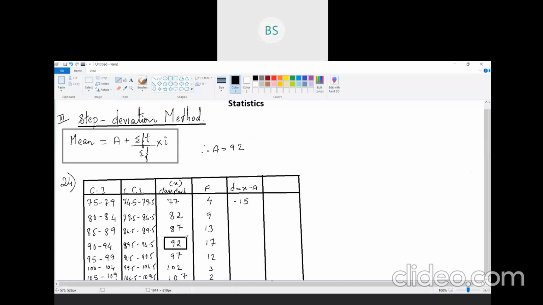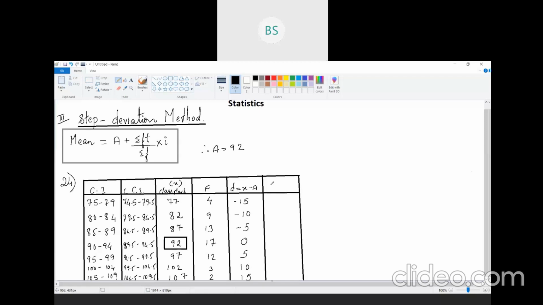Then 82 minus 92, minus 10. 87 minus 92, minus 5. 92 minus 92 will give us 0. Then 97 minus 92, 5. 102 minus 92, 10. And then 15. This is what we found for d.